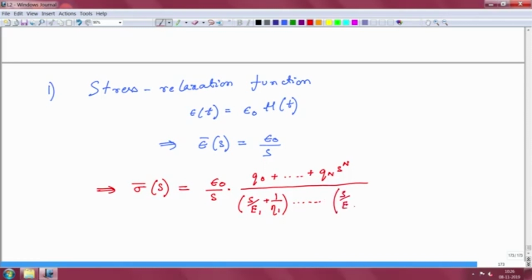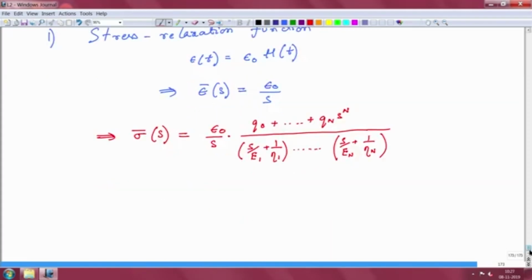Sometimes I will leave this in the factored form when it is easier for us to discuss. So, here I am just leaving it in the factored form. So, now what we are having is basically this is in a rational fraction form, right. And the question is, we cannot take the Laplace inverse of this, we have to express it in some simpler format.